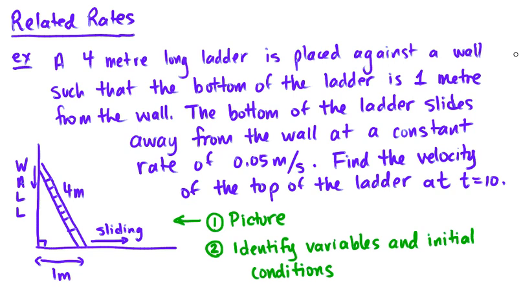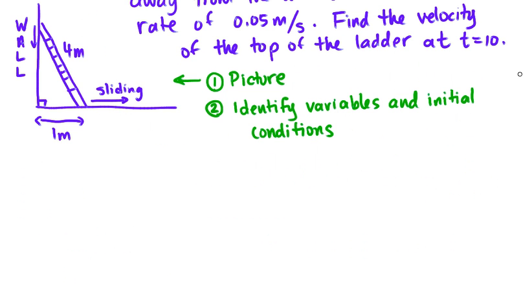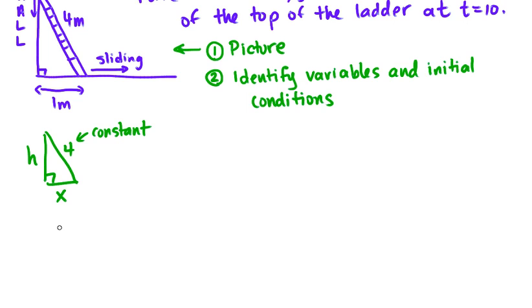For instance, in this case this is constant, it's always 4, but these two dimensions are changing. So the h is getting smaller and the x is getting bigger. And we know a relationship between these three variables because of a formula, and that's what we want to get to as well.